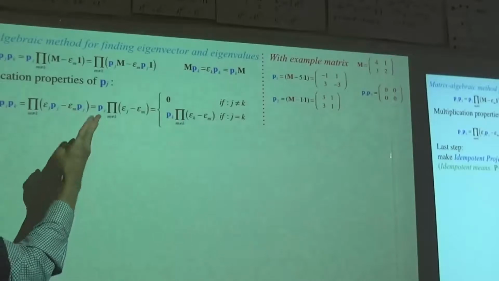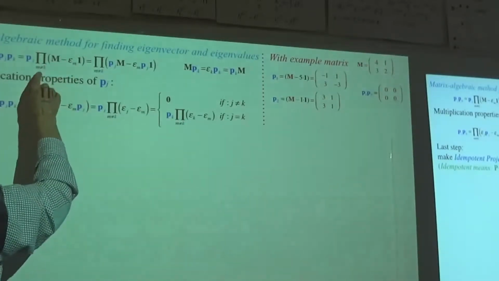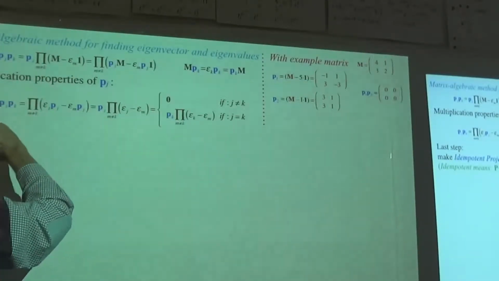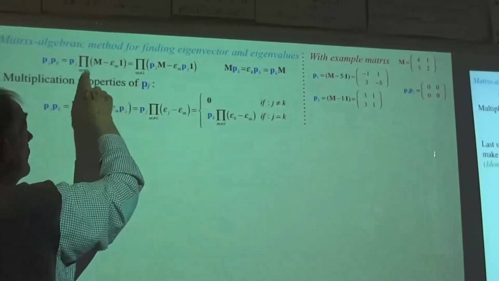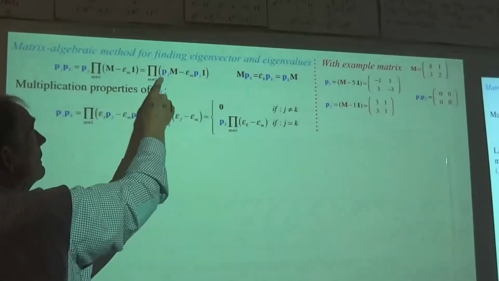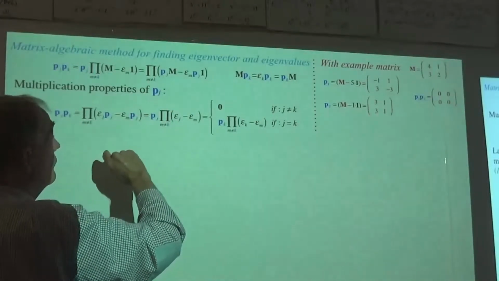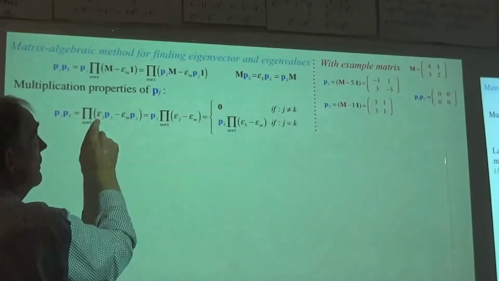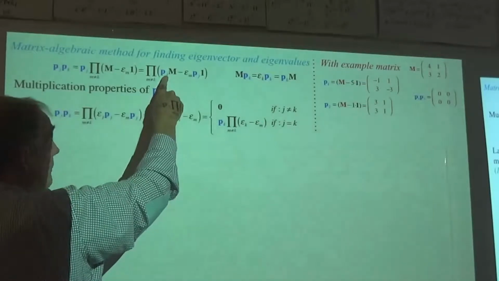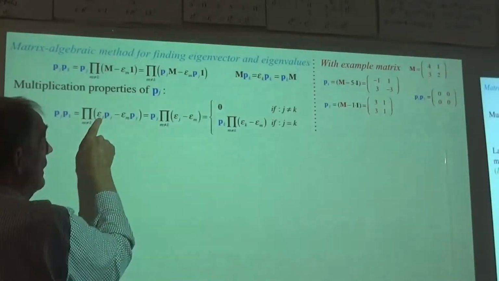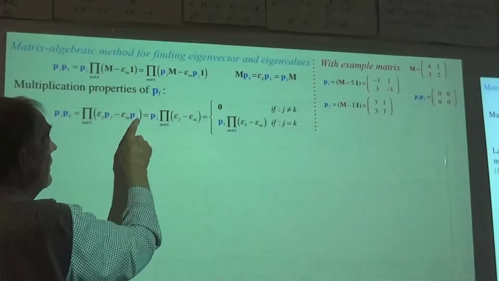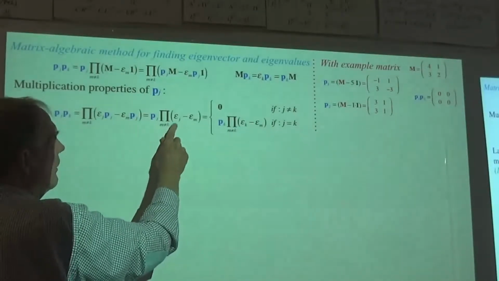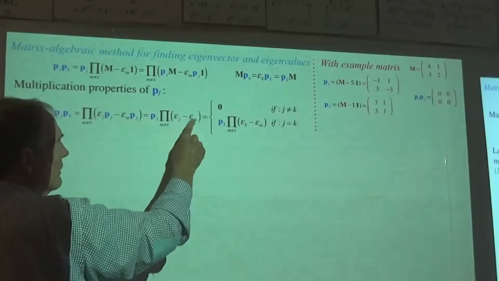But as soon as you go to 3, you're going to have two things, a product over two things that haven't been left out. And the P is going to come through and it's going to see the M, and it's going to give just exactly this right here, an eigenvalue that goes with Pj, namely epsilon j. And then we have the epsilon M sitting there. So this becomes a product over differences of the eigenvalues.